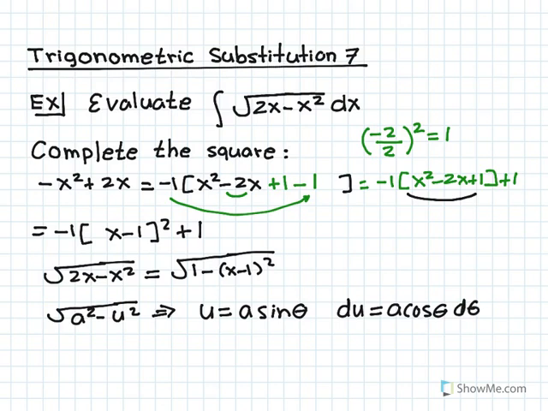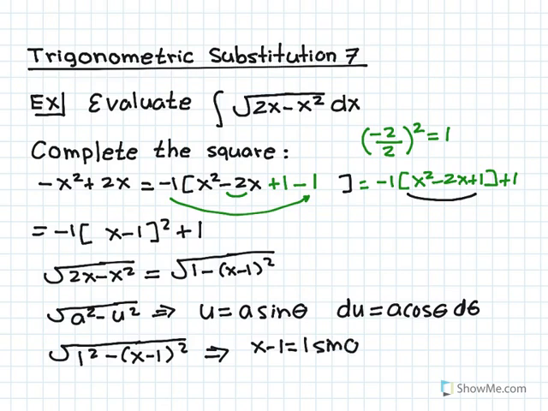So what we have is root of 1 squared minus x minus 1 squared. So we have constant squared minus variable squared. The constant is 1 and the variable is x minus 1. So x minus 1 is equal to 1 sine theta. Differentiate both sides, we get dx is equal to cos theta d theta.